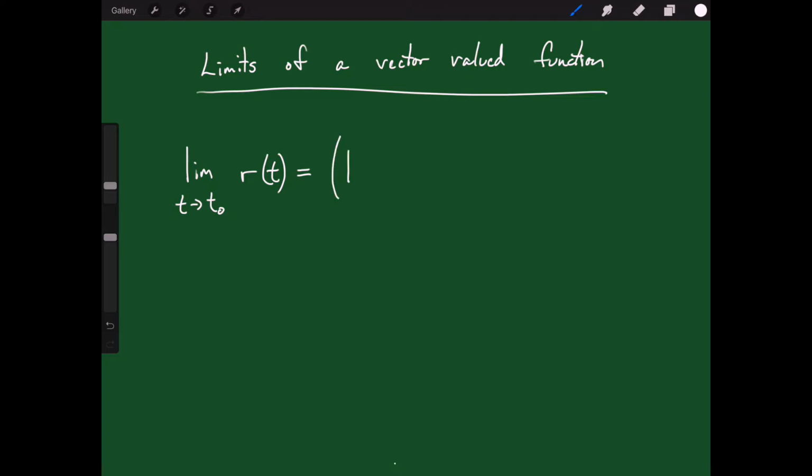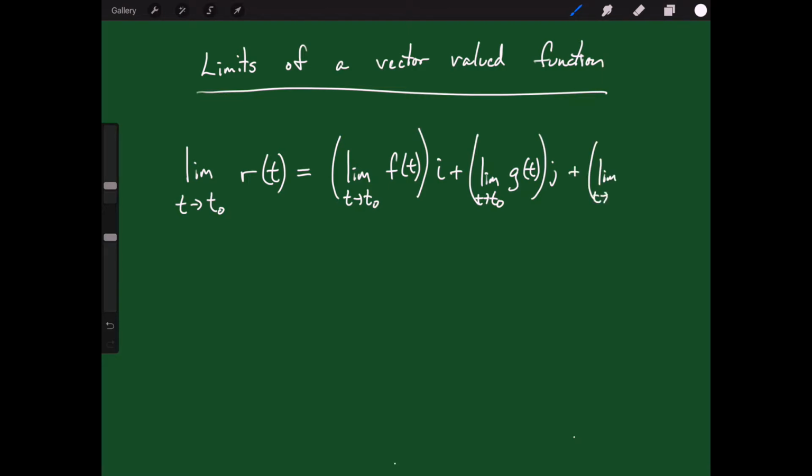In other words, I'm going to take the limit as t goes to t sub 0 of f of t times i, plus the limit as t goes to t0 of g of t times j, plus the limit as t goes to t0 of h of t times k. And so I just take the limit of each component.